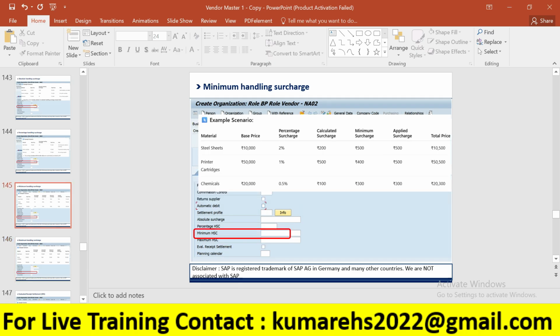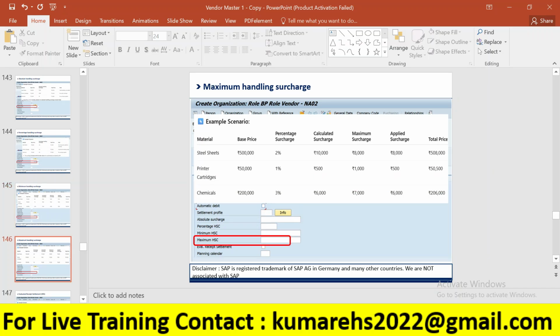In minimum charges, the system will select whichever is higher, either the calculated value or the minimum value. The system will always select the higher value. But in maximum values, the system always selects the lowest one. Let's say our maximum value is 8,000 but the calculated value is 10,000, then the system will select 8,000 only.